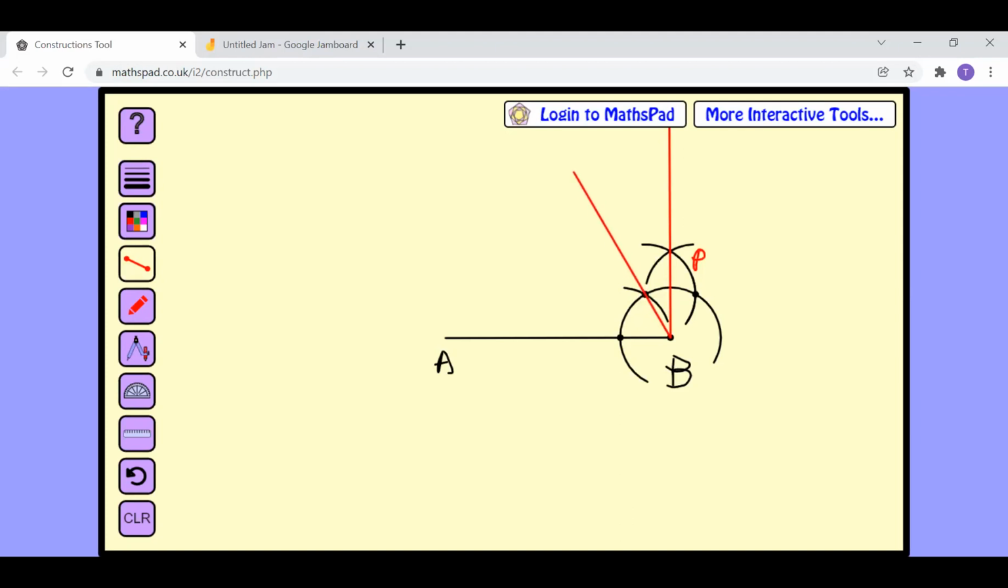Somehow in between this point and this point. Do you see this? Is it visible? Yes, I can see. Between this point and this point I have to make 15 degrees.